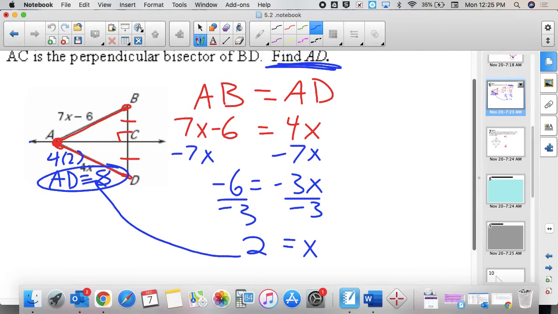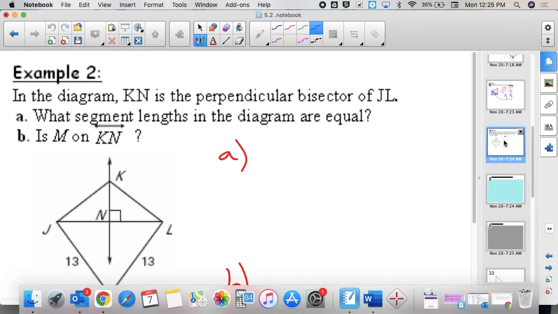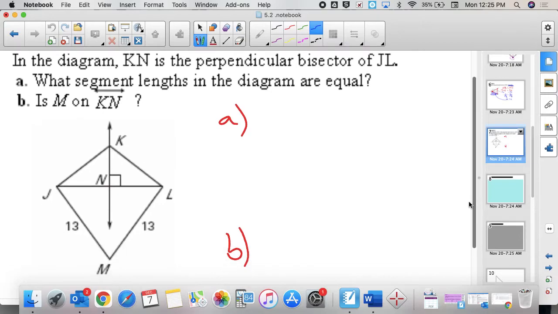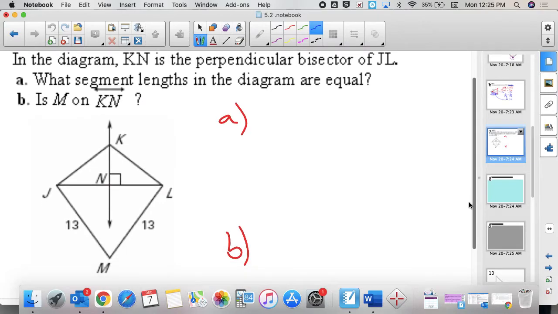Let's take a look at our next example. It says, in your diagram, KN is the perpendicular bisector of JL. A says, what segment lengths are equal? Well, when I look at the picture, the easy one, we know JM and ML are equal, because both are 13.